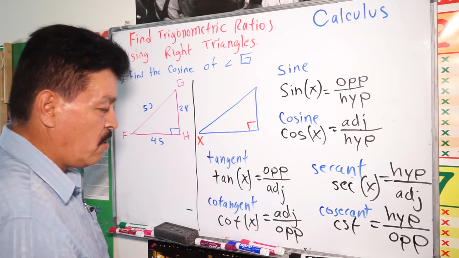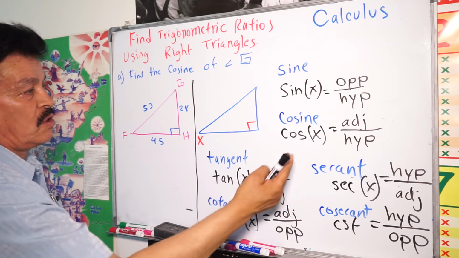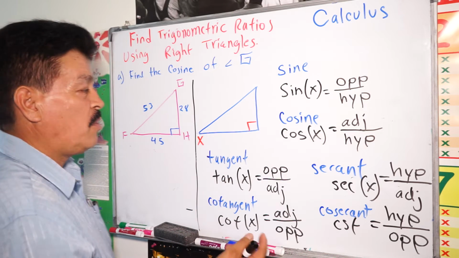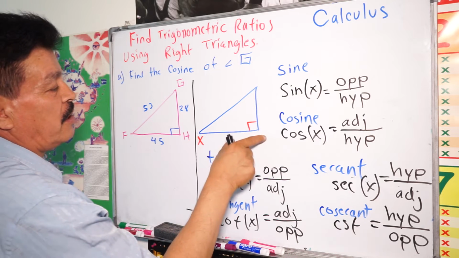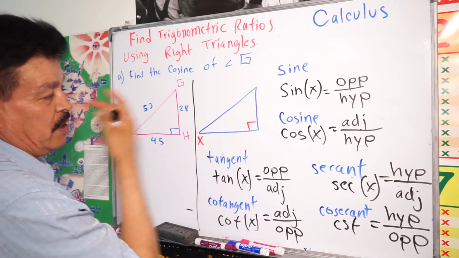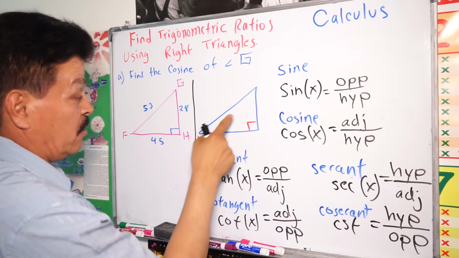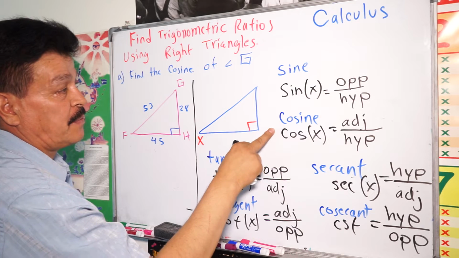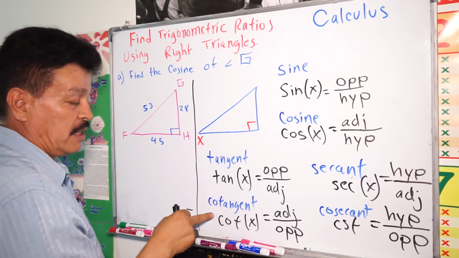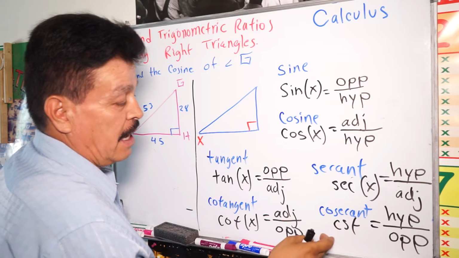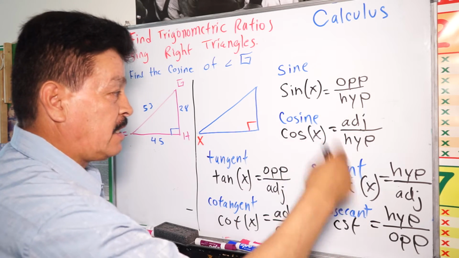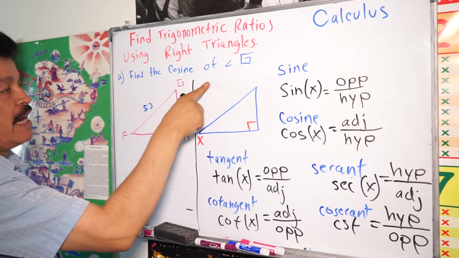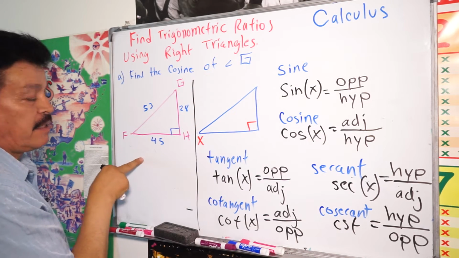So now we have six formulas which work with right triangles: sine, cosine, tangent, cotangent, secant, and cosecant. Okay, six different formulas. So we have one problem here: find the cosine of angle G in this right triangle.